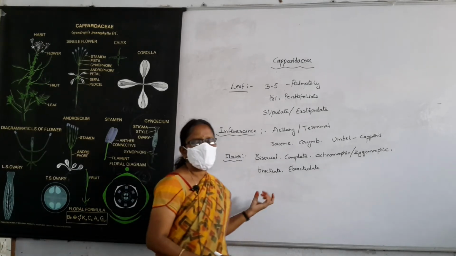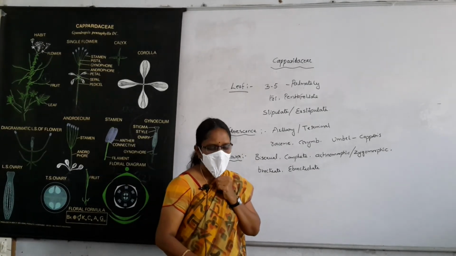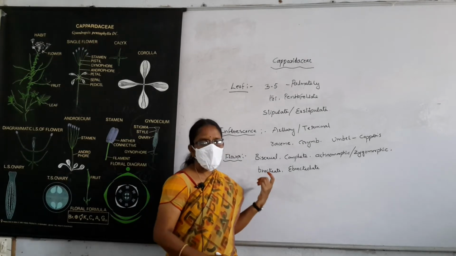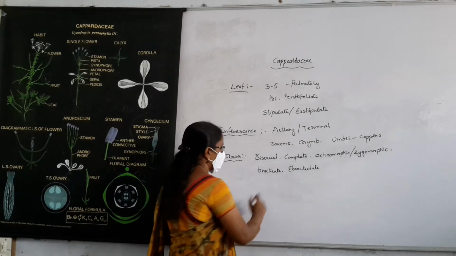And in some types of flowers, the bracts may be leaf-like structures, as in Cleome viscosa.